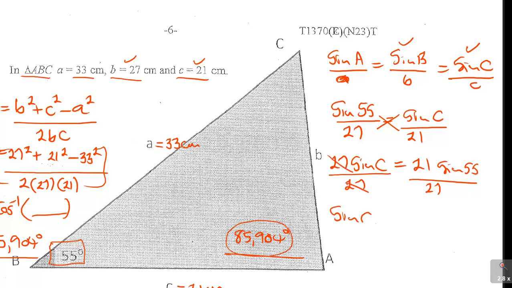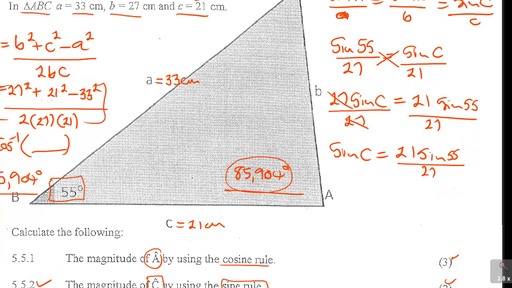So sine C is equal to 21 sine 55 over 27. Now to find angle C, at that stage it is arc sine of the answer I'm going to get there. So C is arc sine of 21 sine 55 over 27.